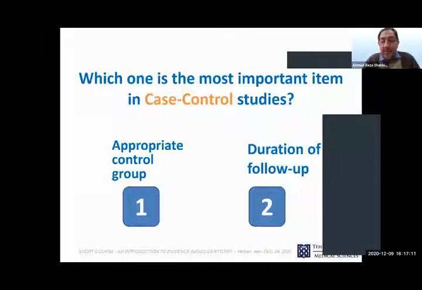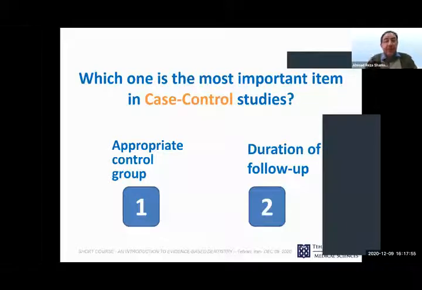If the researcher makes a mistake in getting appropriate controls, the association between exposure and outcome may become underestimated or overestimated. Consider, for example, a researcher who wants to show the relationship between smoking and oral SCC. In a cancer hospital, we have some oral cancer patients. We ask them about the history of smoking.